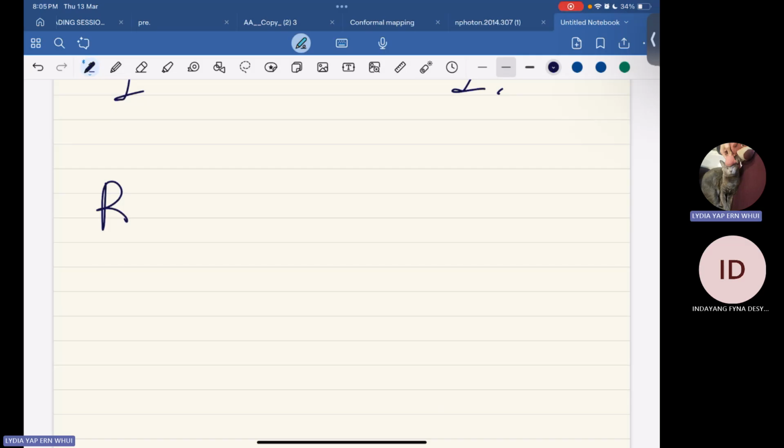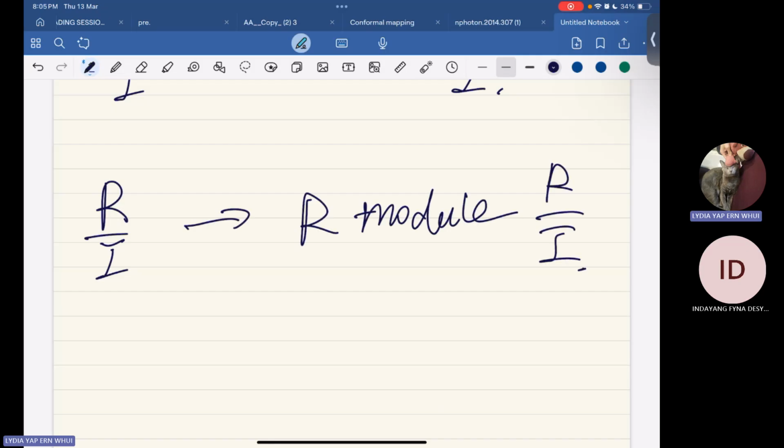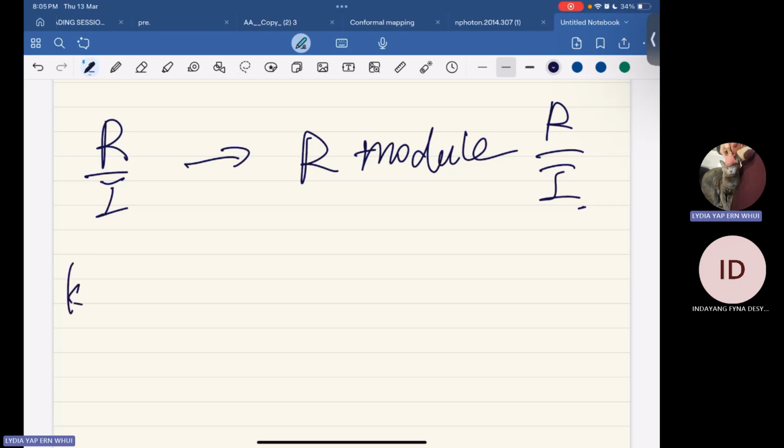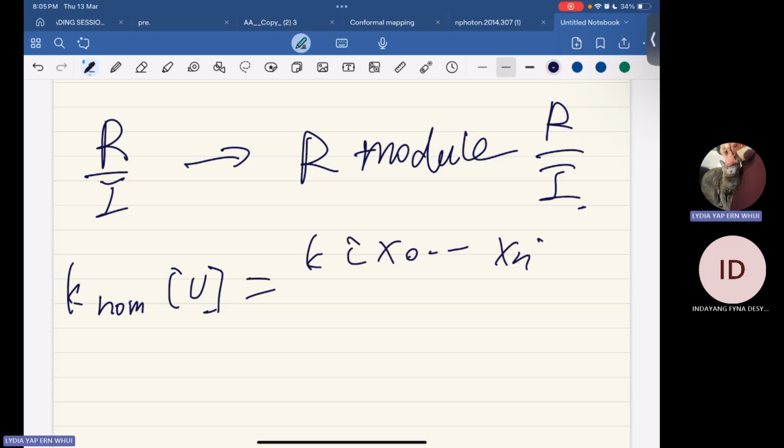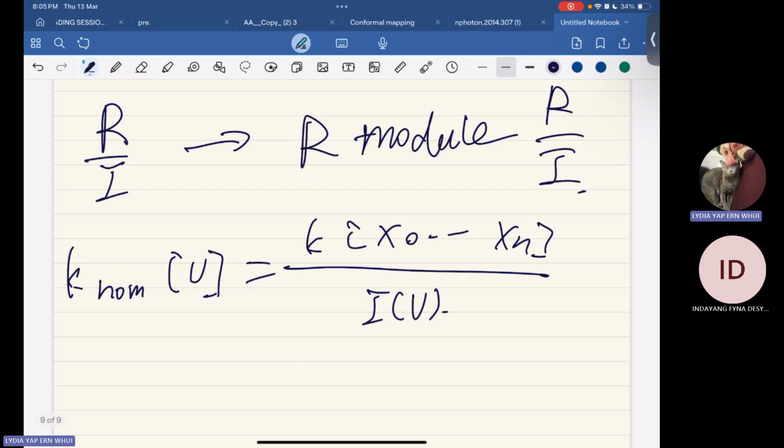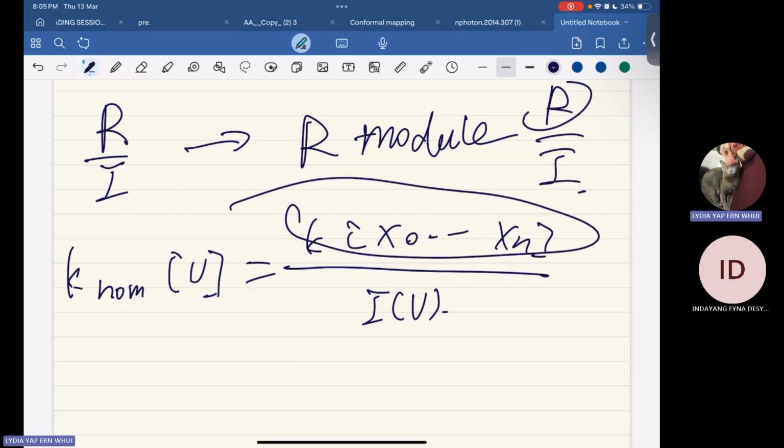If we do this quotient R by I, then we can treat it as an R-module R over I. So by our definition, this K_hom[V] is K[x0 to xn] quotient by the ideal I(V), and we can treat this as a module over this polynomial ring, because R is a module over R. This is the same R. So we can treat this R over R as an R-module.